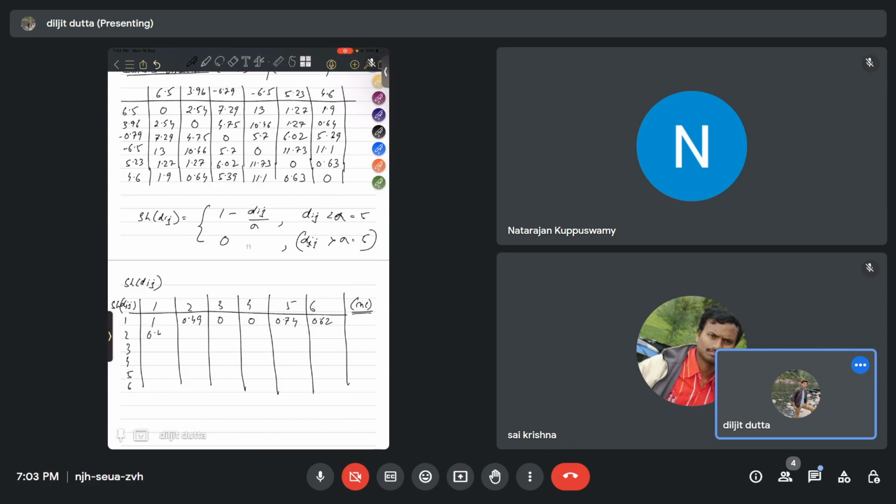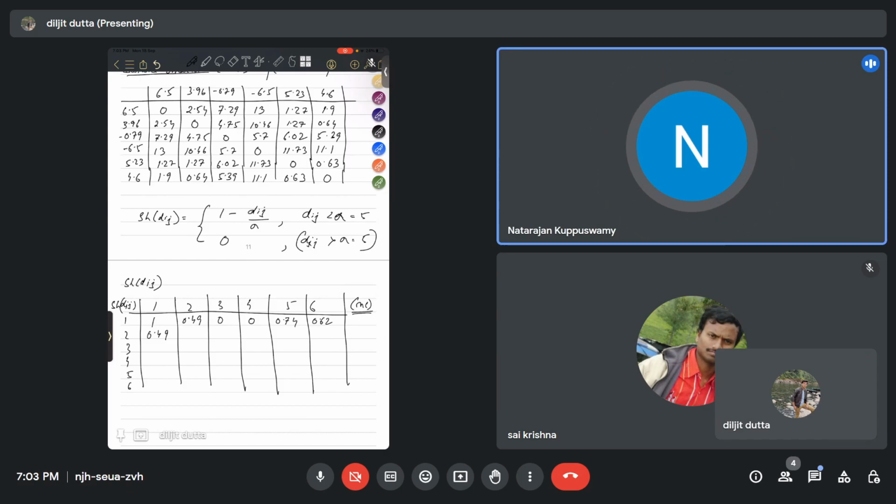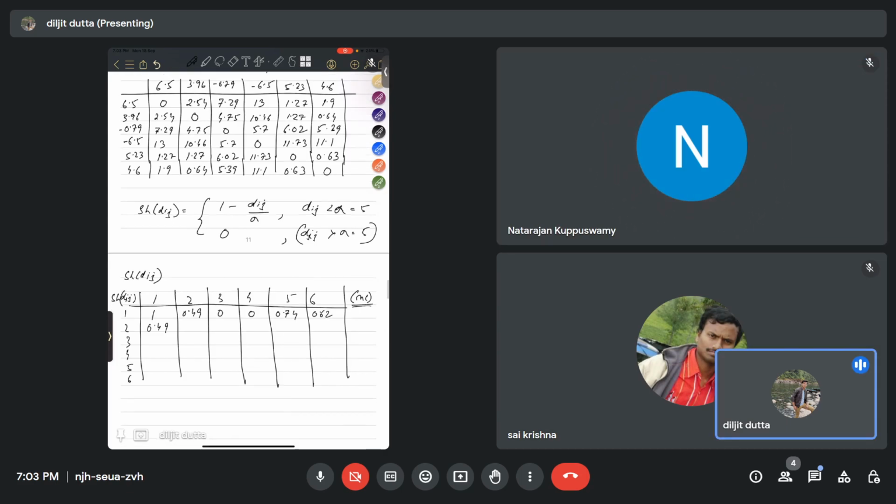Similarly, we can get it for the other matrices. Can you repeat this step once again, sir? Yeah, so this value is coming from the distance. How is 0.49 coming? It is for this corresponding element. What is the value? dij is 2.54, right? And we have said that when dij is less than sigma, we use the formula 1 minus dij by sigma, and sigma is given as 5.